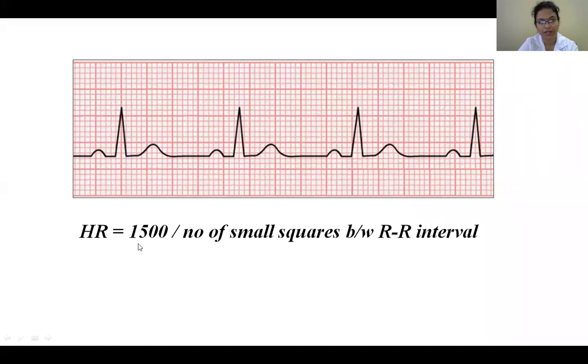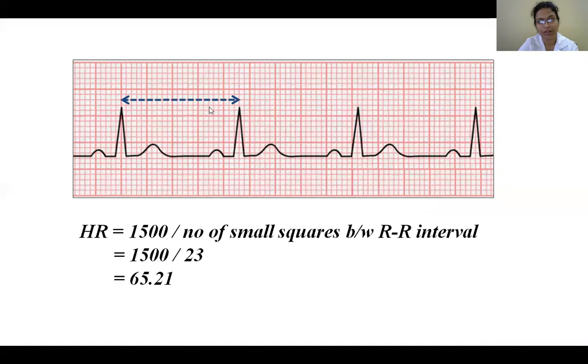Now coming to heart rate. Heart rate will be calculated as 1500 divided by the number of small squares between RR interval. So if you look at the RR interval, you just count the number of boxes in this. You count these big boxes: 1, 2, 3, 4.